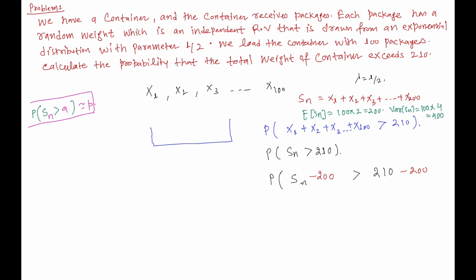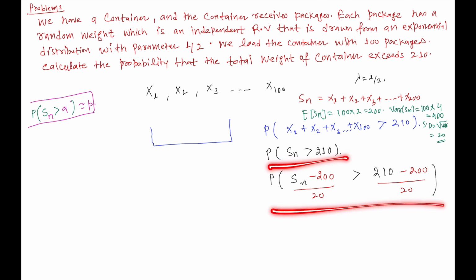And what will be the standard deviation? The standard deviation is nothing but the square root of the variance, so the square root of 400 will be 20, right? So we need to divide by 20 on both sides. So we have got our standardized version of this random variable, and this probability will be the same.